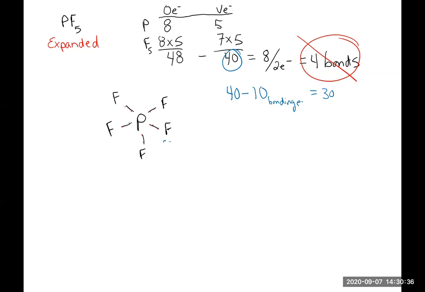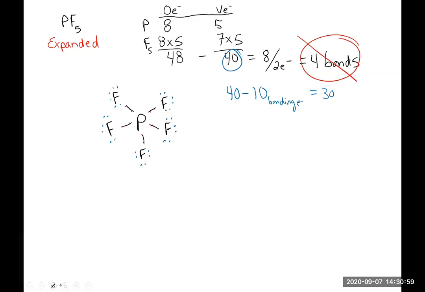I'm going to give each one of these fluorines six to give it a perfect octet with the 2 that it's sharing. That uses up all 30 of those electrons, and now we'll look at formal charge.